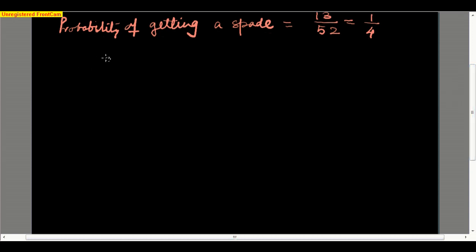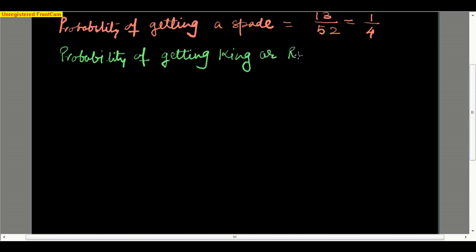Now we see the probability of getting a king or red card.